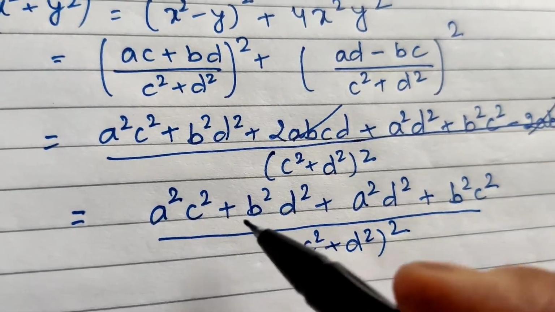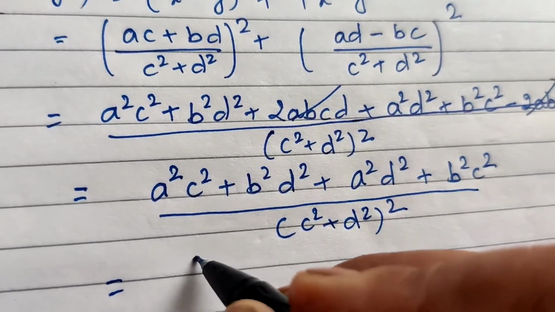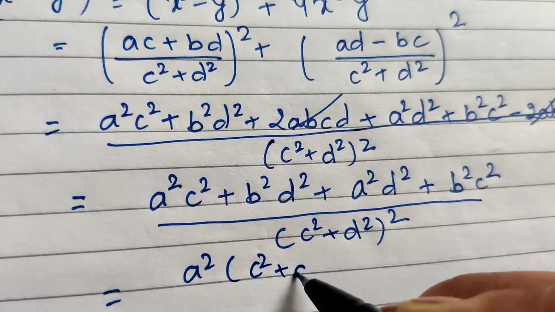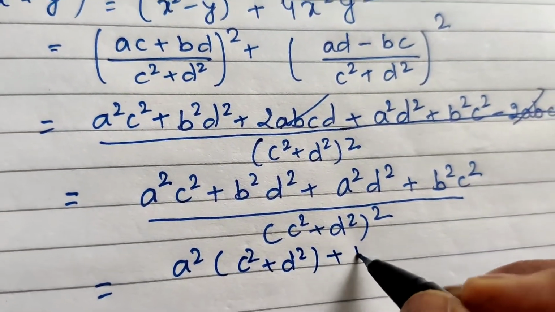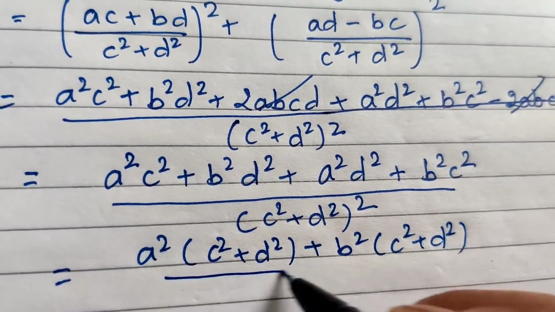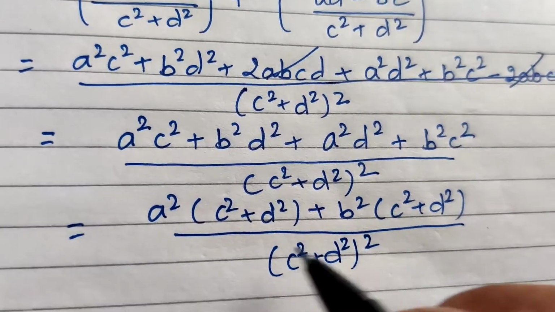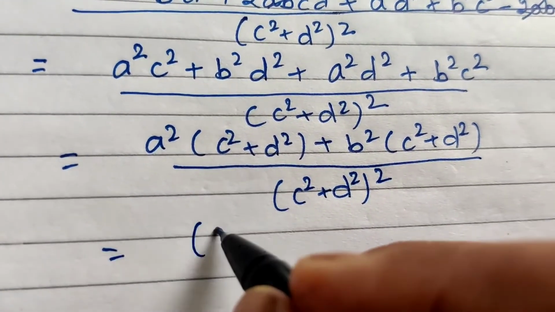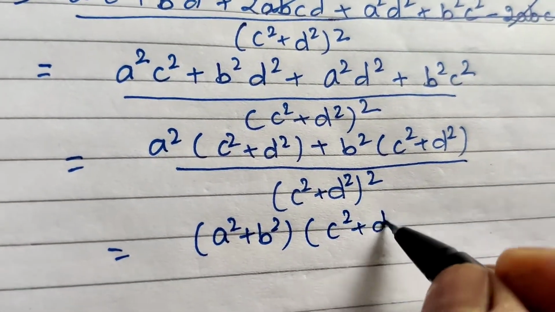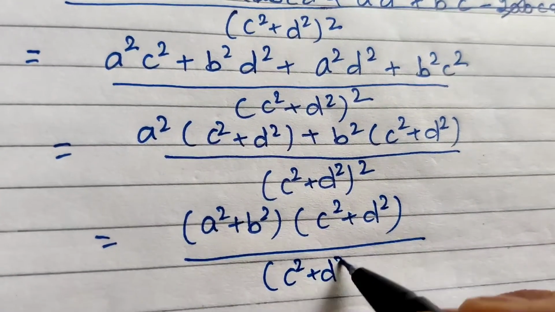Okay, now take common and separate. If a square is common, we get c square plus d square, and b square common, c square plus d square. Just factorize. It is equal to (a square plus b square)(c square plus d square) upon (c square plus d square) whole square.